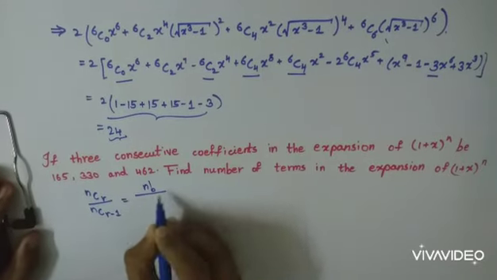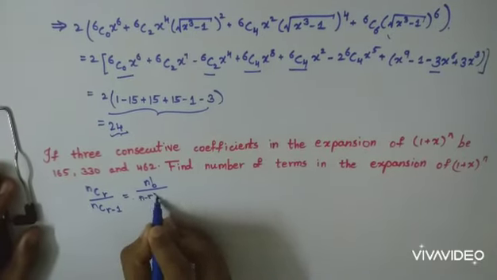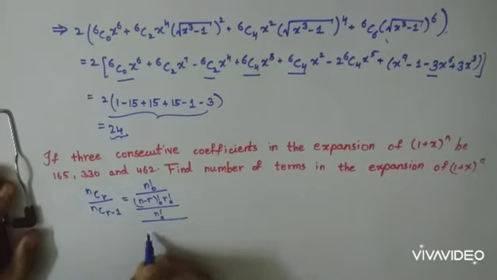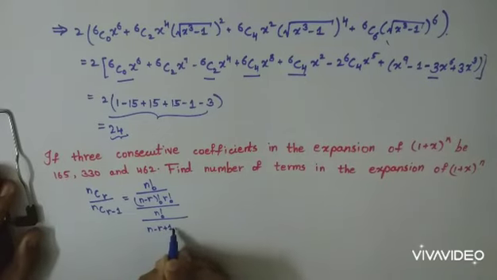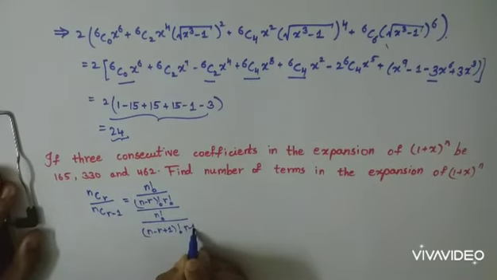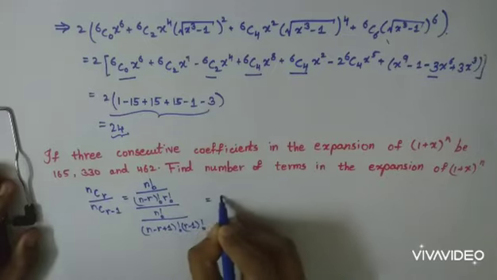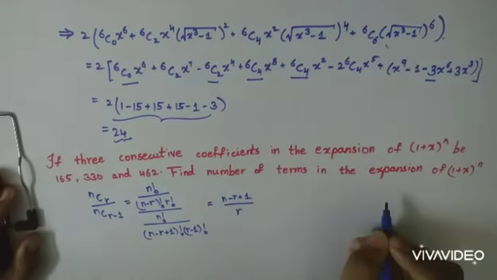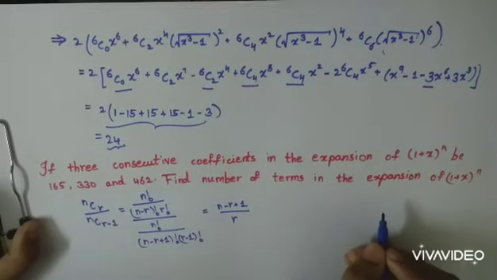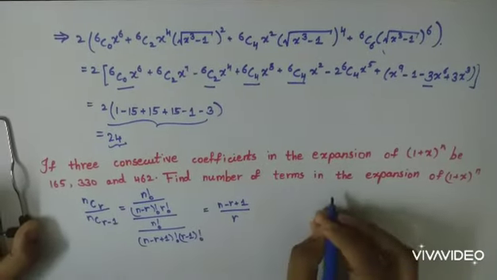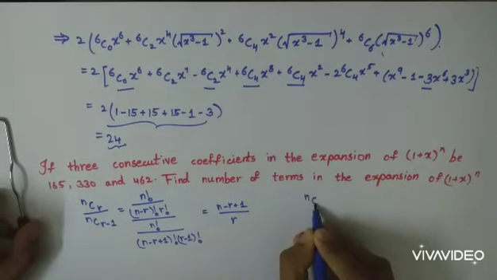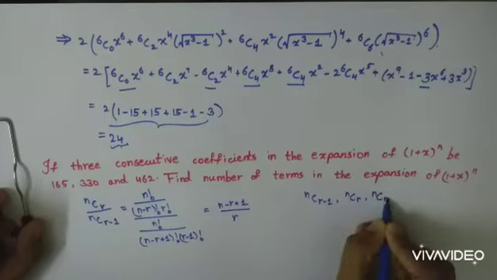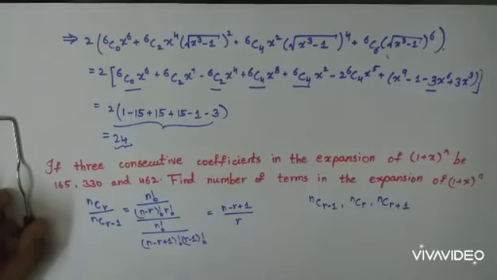If we solve this, we get (n − r + 1)/r. Now in this question, since three consecutive coefficients are given, let us consider the three coefficients as nC(r−1), nCr and nC(r+1) for simplified calculation.